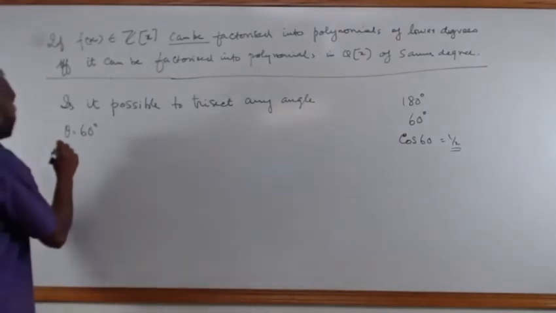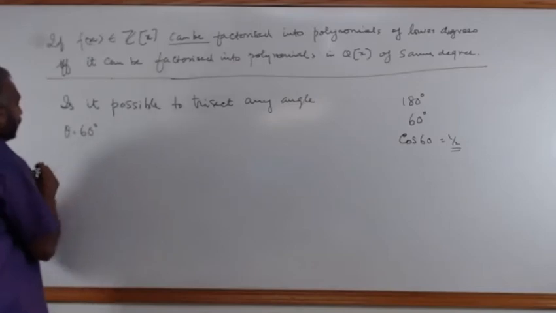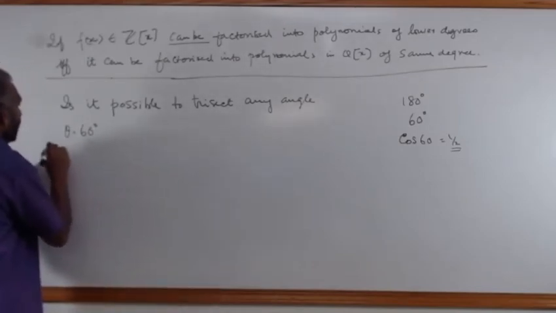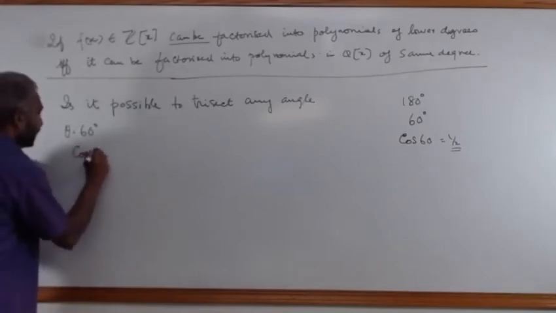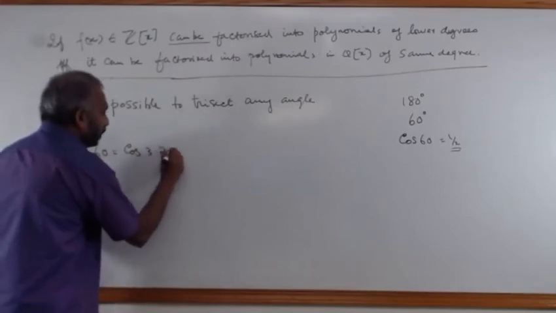So let's take, you can see, cos 60 equal to cos 3 times 20.